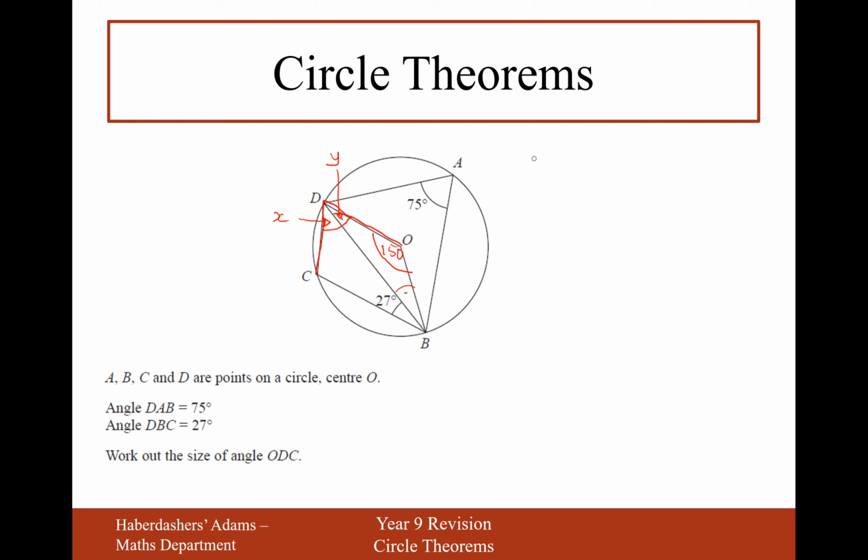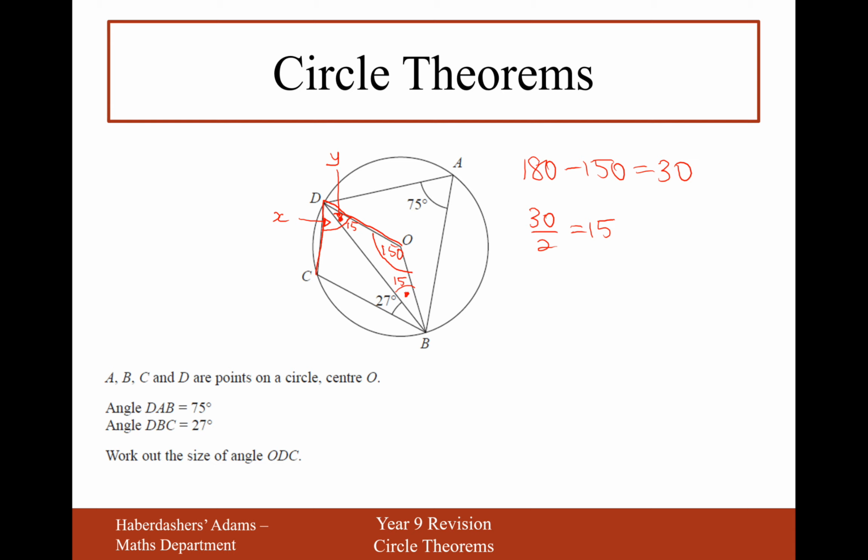I need to use that fact as well. So it's going to be 180 minus 150 is 30. So I've got 30 degrees left to divide between this angle up here and this angle down here. So 30 divided by 2 is 15. So this angle inside here is 15. This side here is an angle of 15 as well.